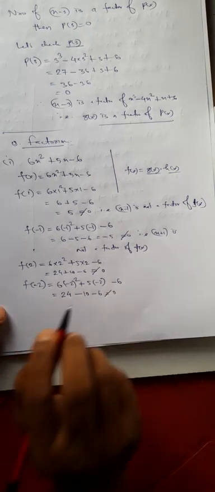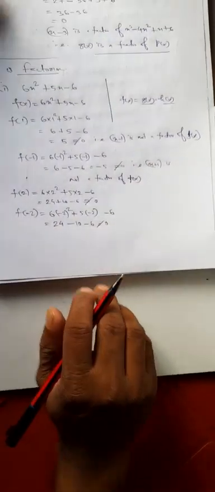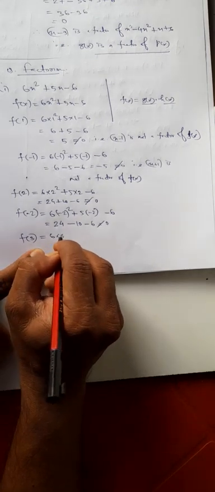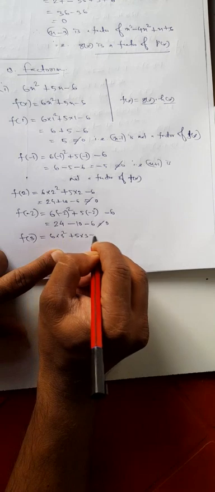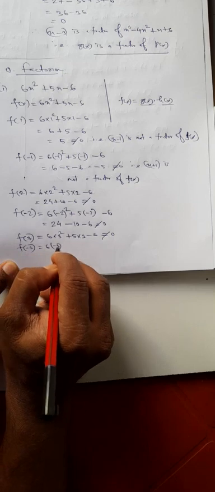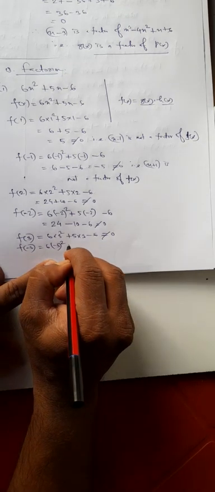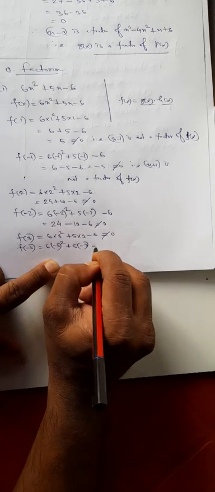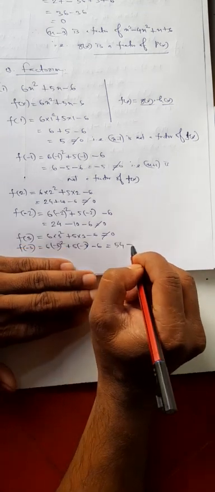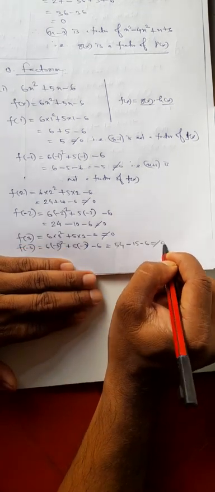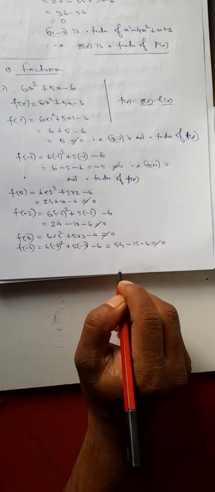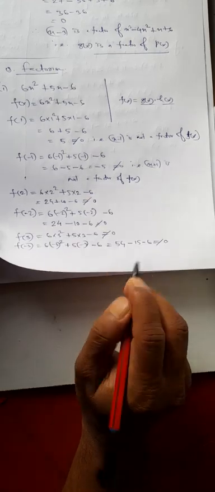That means x plus 2 is also not a factor. Now let's try with f(3). f(3) equals 6 into 3 square plus 5 into 3 minus 6, not equal to 0. f(minus 3) equals 6 into (minus 3) square plus 5 into minus 3 minus 6, that is 54 minus 15 minus 6, not equal to 0. That is also not a factor of this polynomial. So let's try another way.